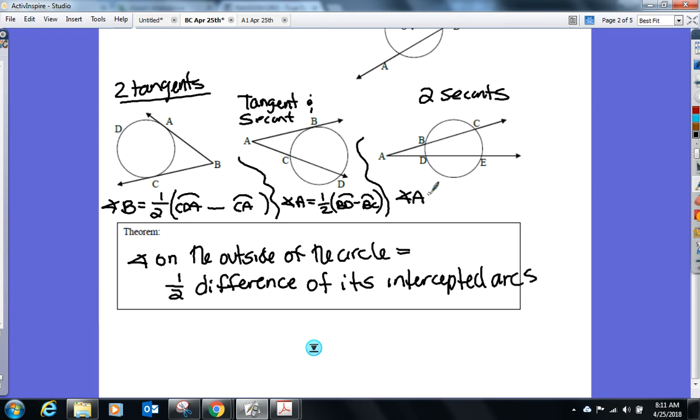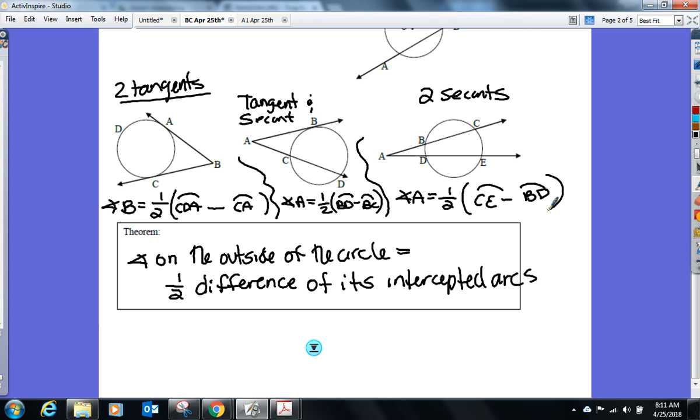What do you think here? Angle A, take half of what there? There you go. No matter how it's formed, if it's on the outside, the rule is still the same.